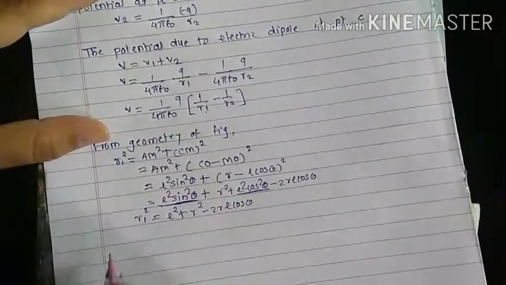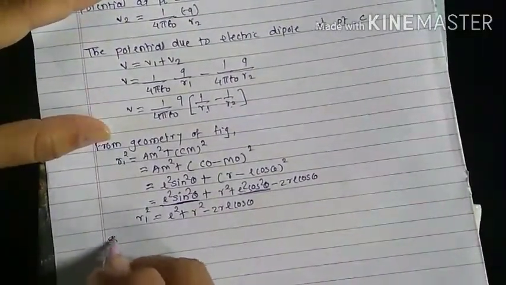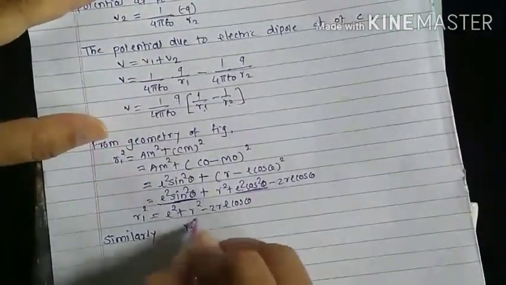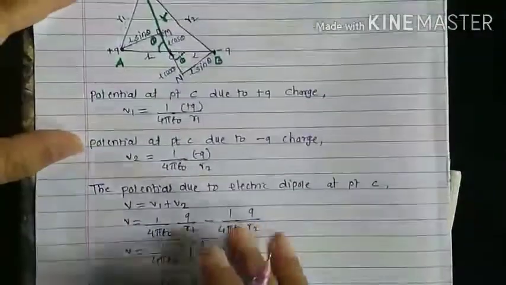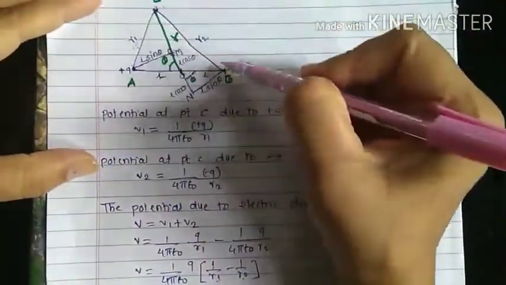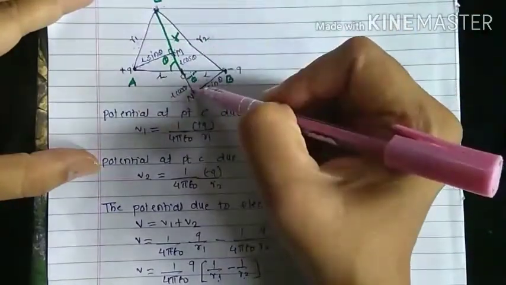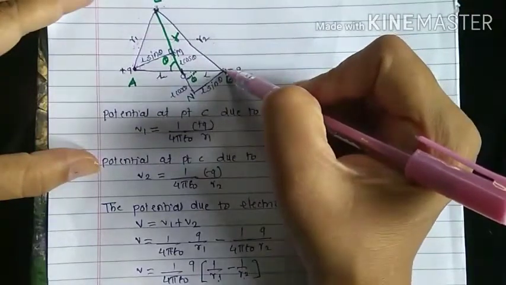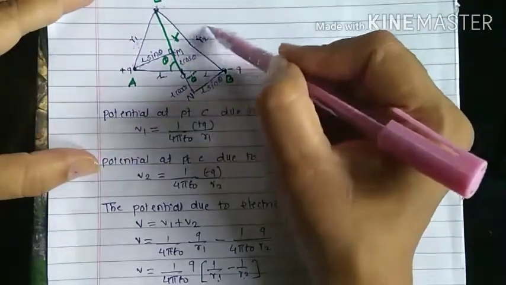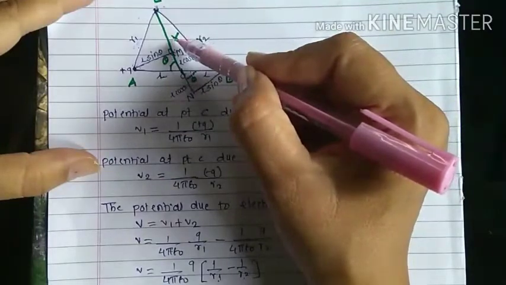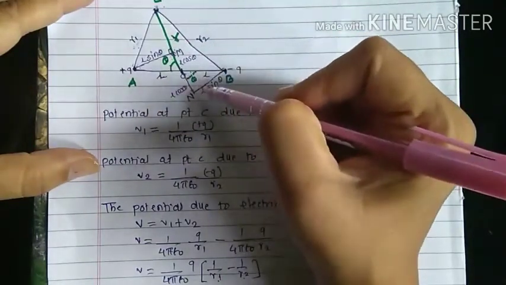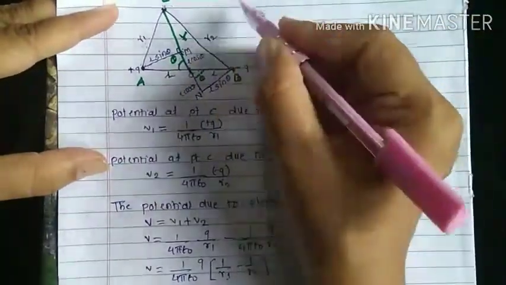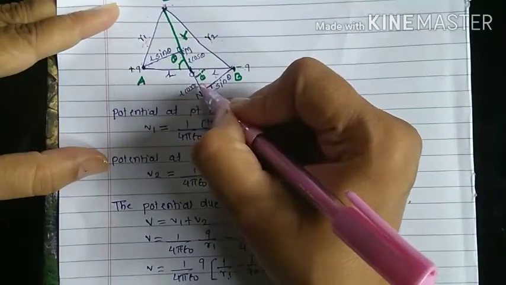Similarly, R2 square can be written as, look at the diagram once again. For the determination of R2, we have to extend this one so that this CN distance is exactly equal to CB distance. And therefore, we have to determine this R2 in terms of R, theta and L. Therefore, this R2 square can be written as, here is nothing but a right angle.